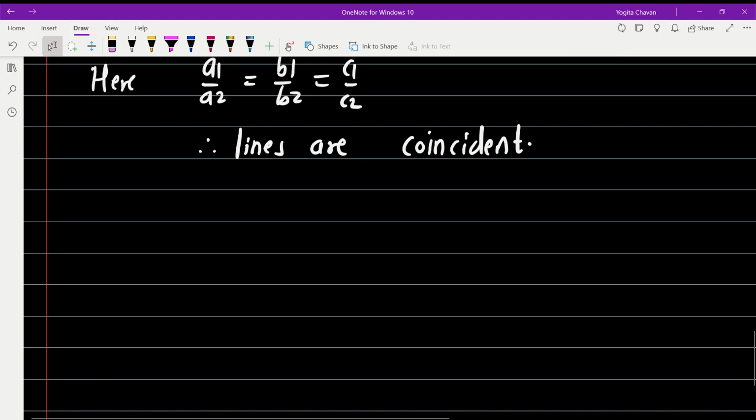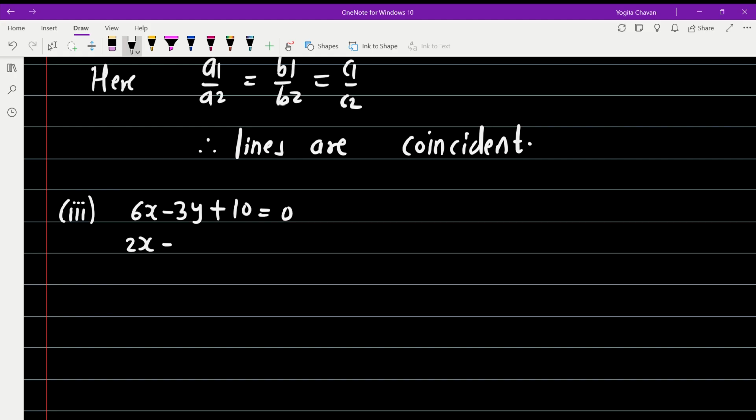Now number 3. Now the third pair. 6x minus 3y plus 10 is equal to 0. And 2x minus y plus 9 is equal to 0.